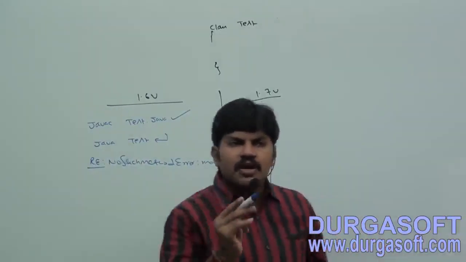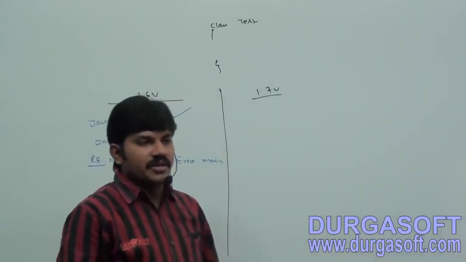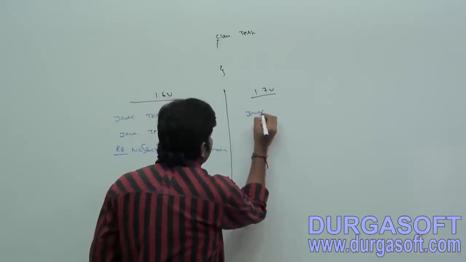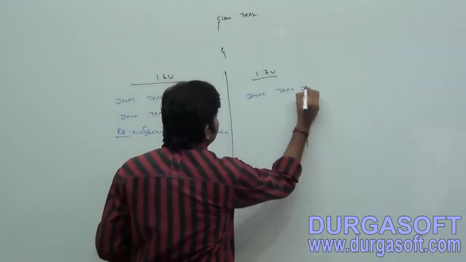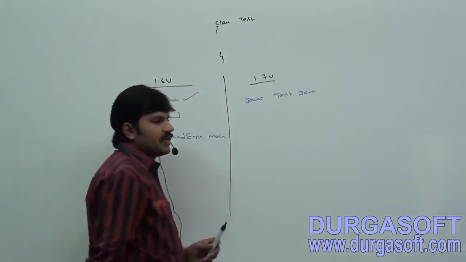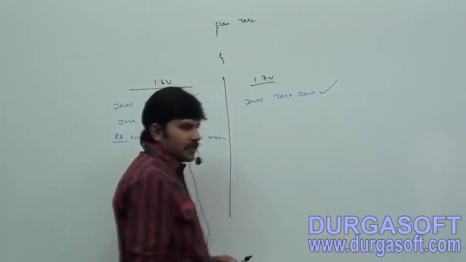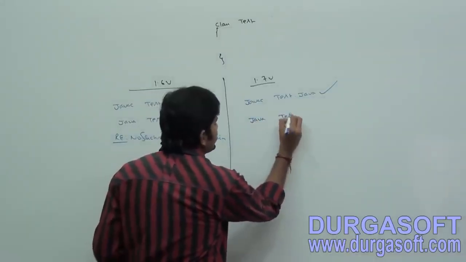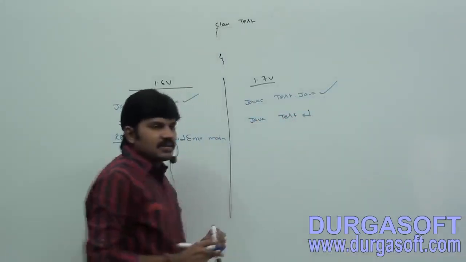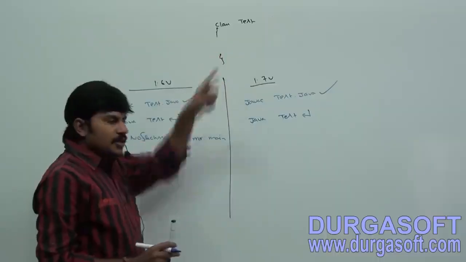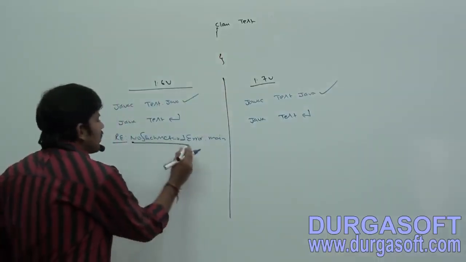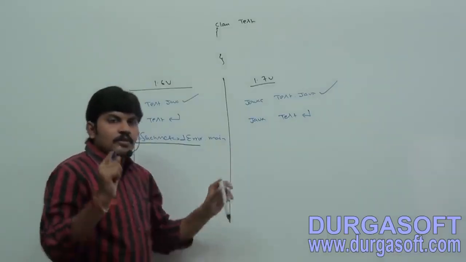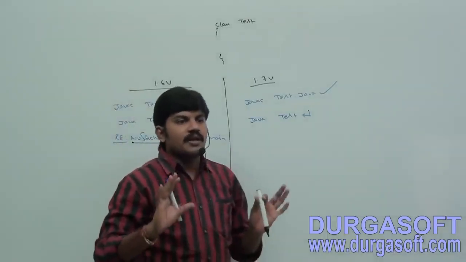But in the 1.7 version, the scenario is different. Now let me compile javac Test.java. The code compiles fine, no problem at all. But java Test: if the class doesn't contain a main method, instead of NoSuchMethodError, we will get more meaningful error information.